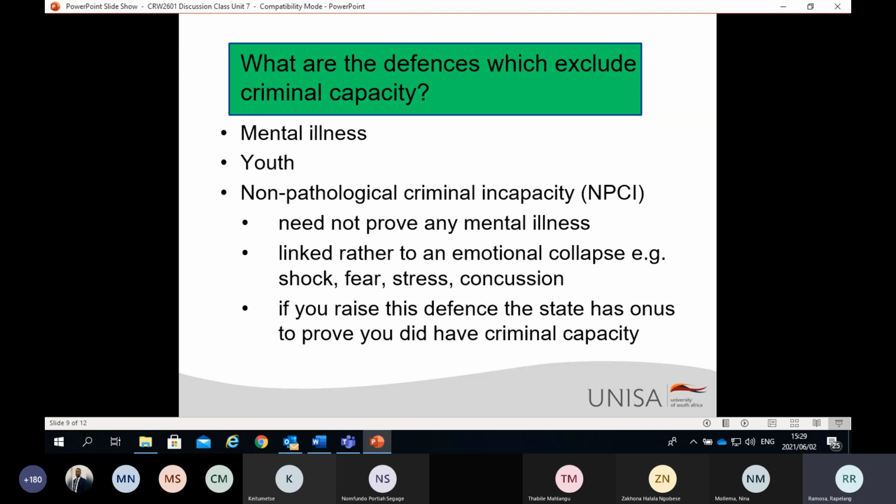Those are non-pathological disturbances that can affect the two legs.